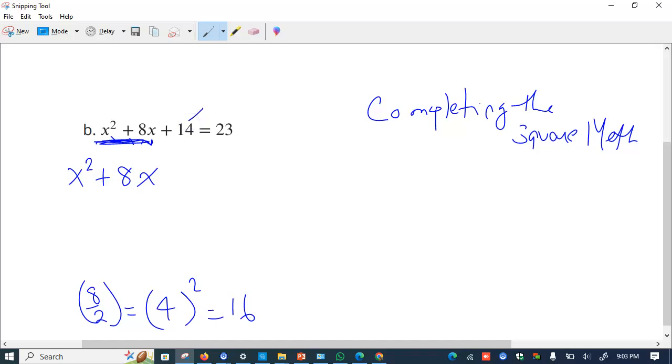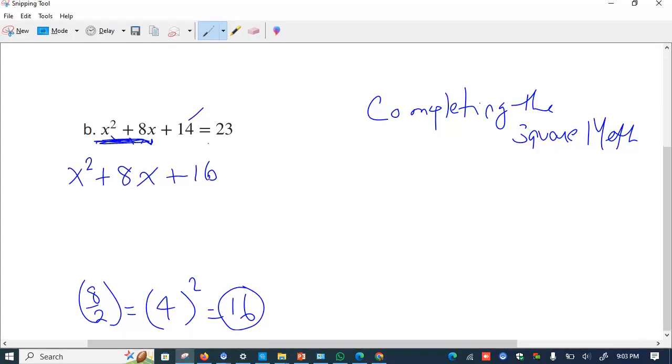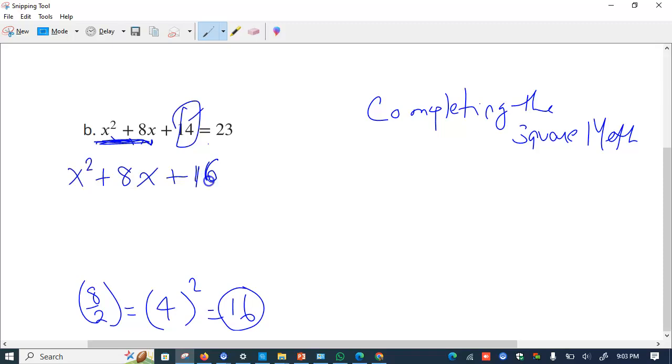So if you need to have a 16 here, I can just add plus 16. But since there is already 14 here, and 16 is 2 more than 14, all you do is add 2 to both sides.